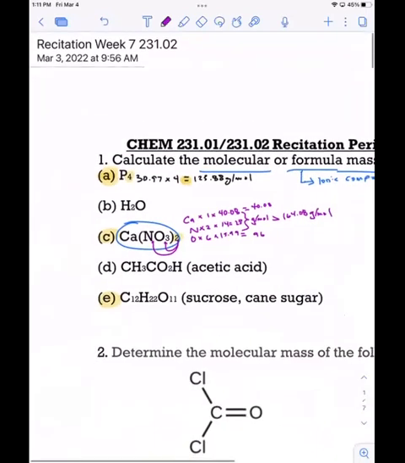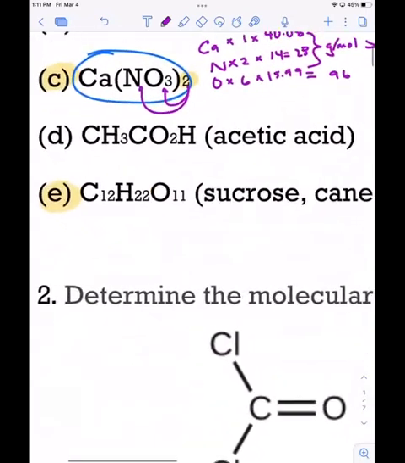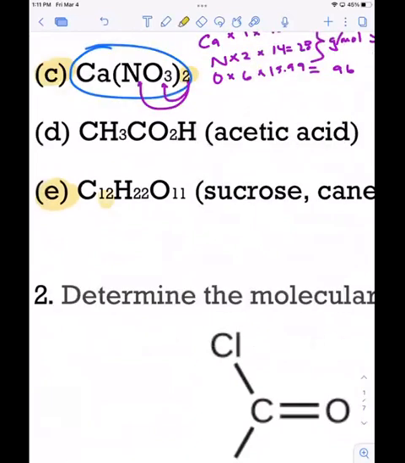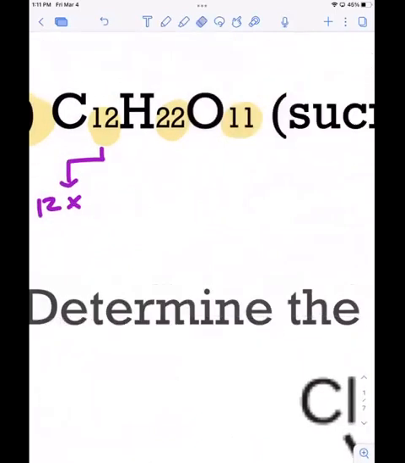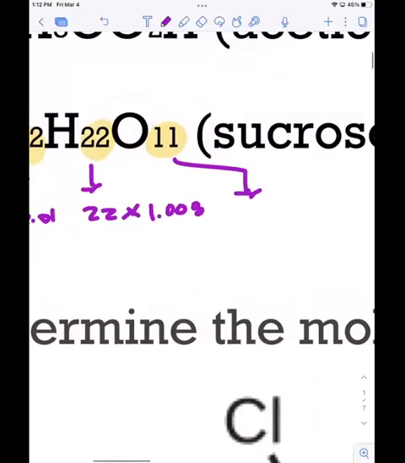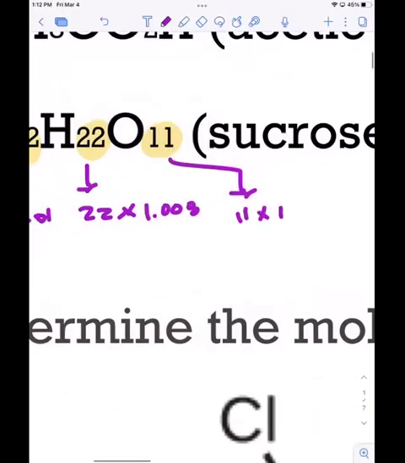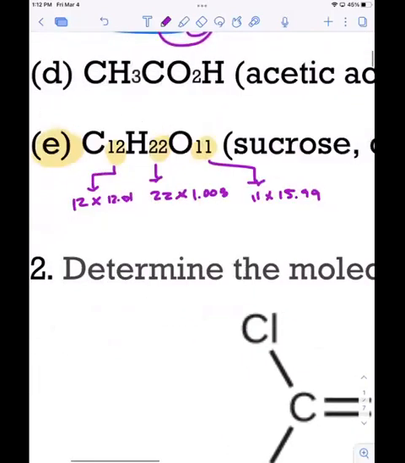All right, let's do the last one. Sucrose. So you've got 12 carbons, 22 hydrogens, and 11 oxygens. Right, so that's going to be what? 12 times 12.01. That looks like 17, my bad. And it's going to be 22 times 1.008. And it's going to be 11 times 15.99, all in grams per mole.